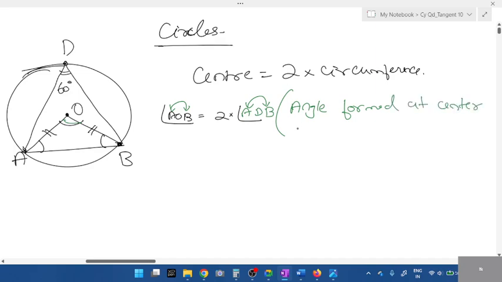Just convert this. Is twice the angle formed at the circumference. Is twice or double. If you write this, you'll get marks. In the textbook, they have given an elaborated way. You don't have to memorize that. Just write this angle formed.